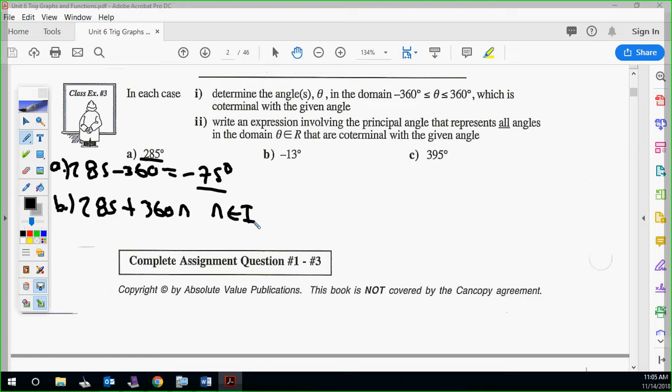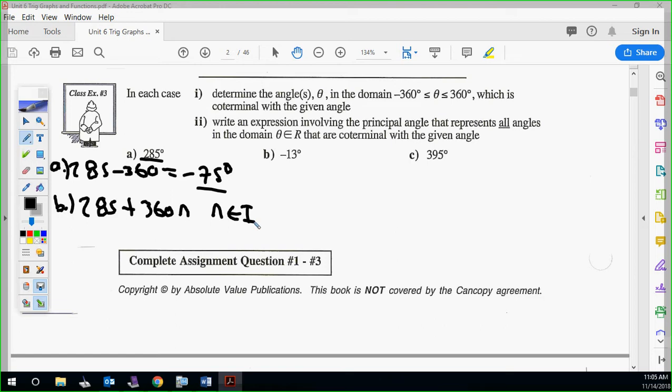So if I said your n was -6, I would multiply this by -6, add this to 285. I have this really big negative degree, but it would be coterminal because I multiplied by 360. So n is the number of times you multiply 360, which is, we don't know. You can do as many as you want. It's infinite. So your confusion is correct, because you're like, well, what does it stop at? It doesn't really stop. It could be anything.